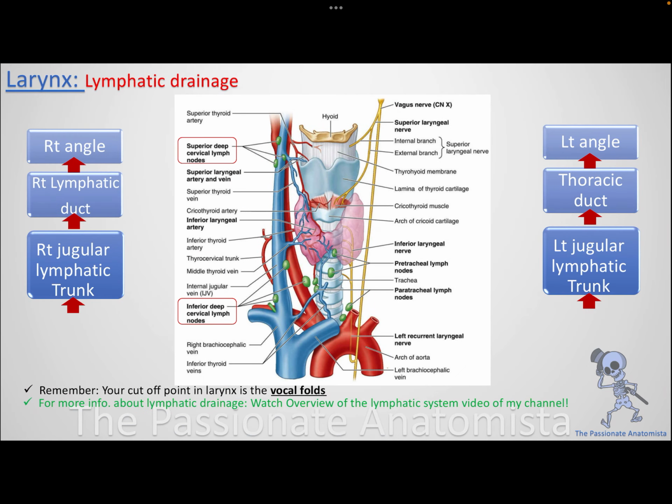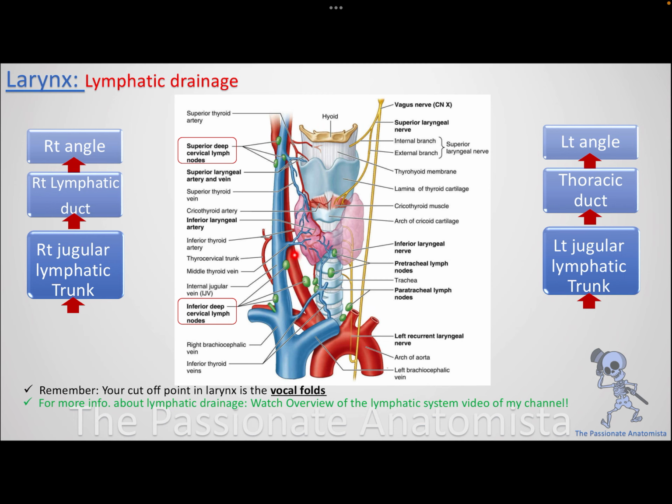Regarding the lymphatics, we have lymphatics from the larynx. Again, your cutoff point is the larynx. So above the vocal folds, the lymph vessels would drain into nodes. Remember the general idea of the lymphatic system. If you guys don't know it, go ahead and watch the overview of lymphatic system video on my channel to understand how the lymphatic system works.